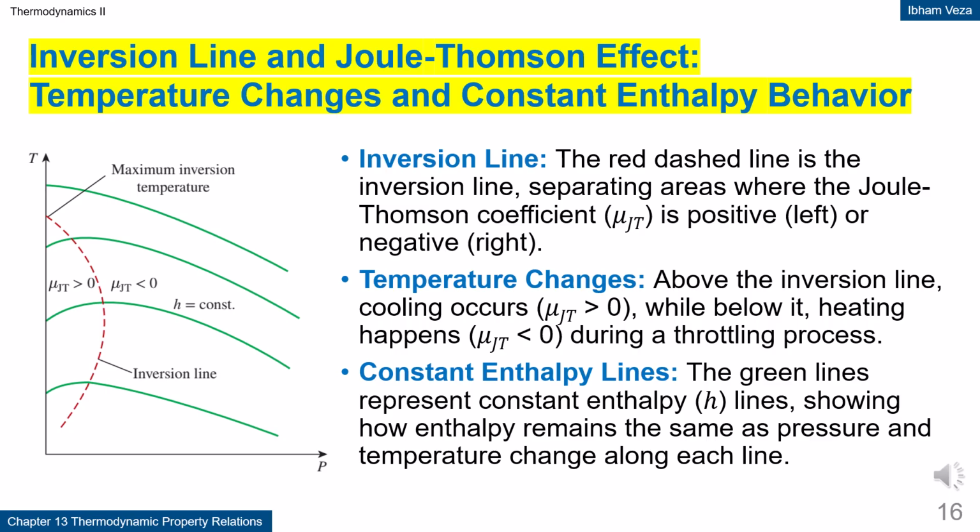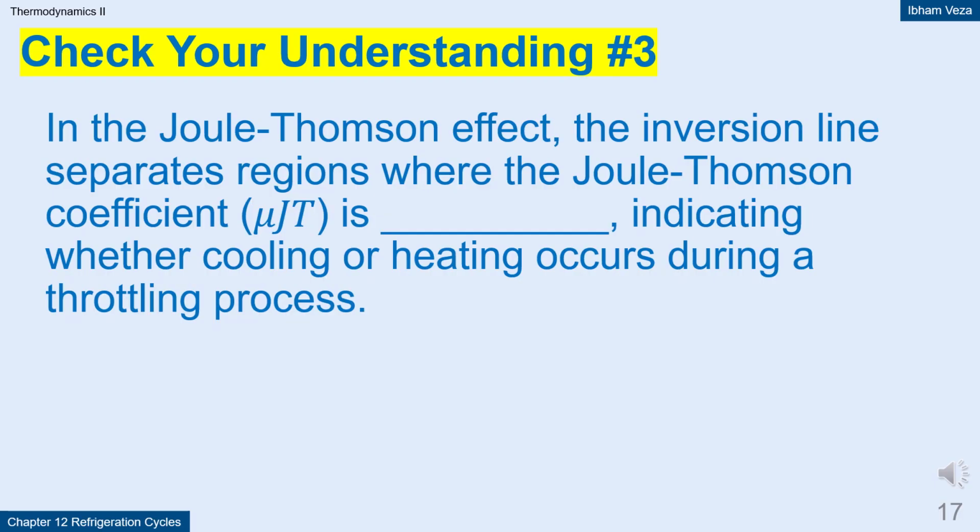This concept is very important in the design of gas liquefaction systems. In the Joule-Thomson effect, the inversion line separates regions where the Joule-Thomson coefficient, μJT, is positive or negative, indicating whether cooling or heating occurs during a throttling process.